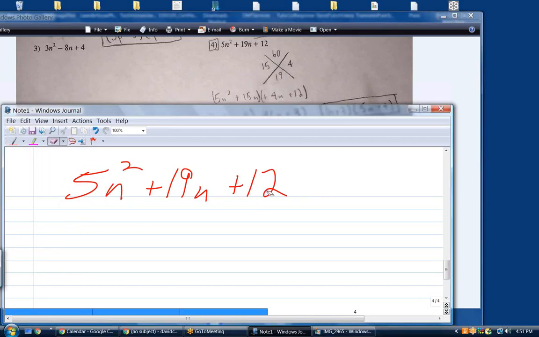But factors of 12 could be 12-1, 6-2, 3-4. So there's lots of stuff to try here. Yeah. But that's okay. We'll just use exactly the same system. What goes here and here? 5n and 5. What is that multiplied together?